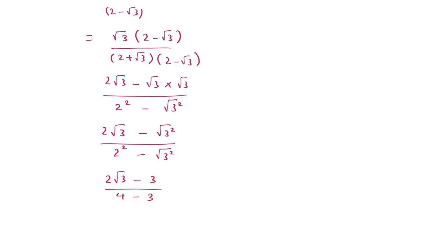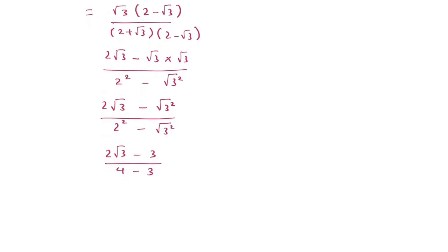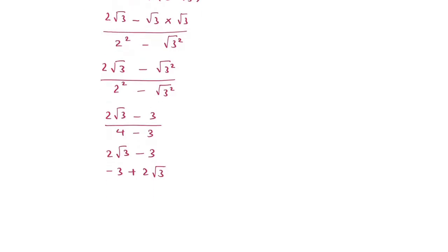Simplifying this further, our expression is going to be 2 under root 3 minus 3. Rewriting this, we are going to have negative 3 plus 2 under root 3. Okay, so now we have negative 3 plus 2 under root 3 equals a plus b under root c.